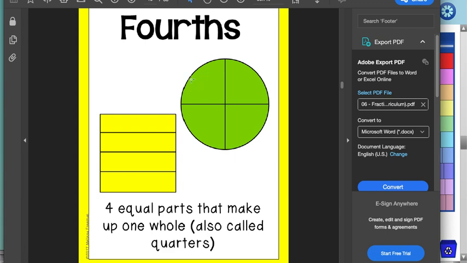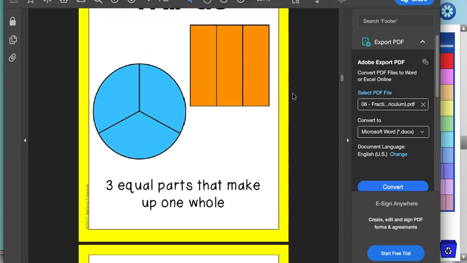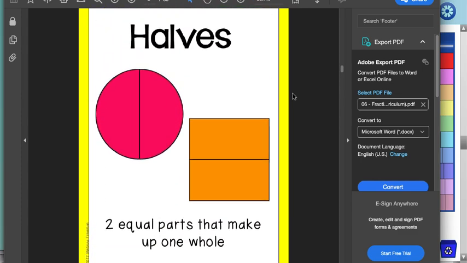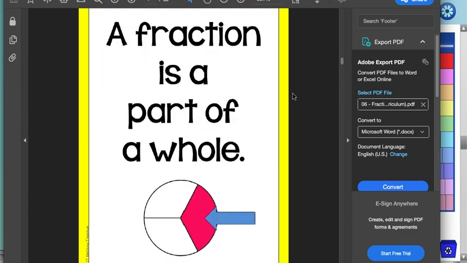Okay, 4 quarters make up 1 whole dollar, so it's 4 equal parts, and it's all connected that way. It's super cool. Okay, now we learned about fourths, thirds, halves, and that a fraction is an equal part of a whole.